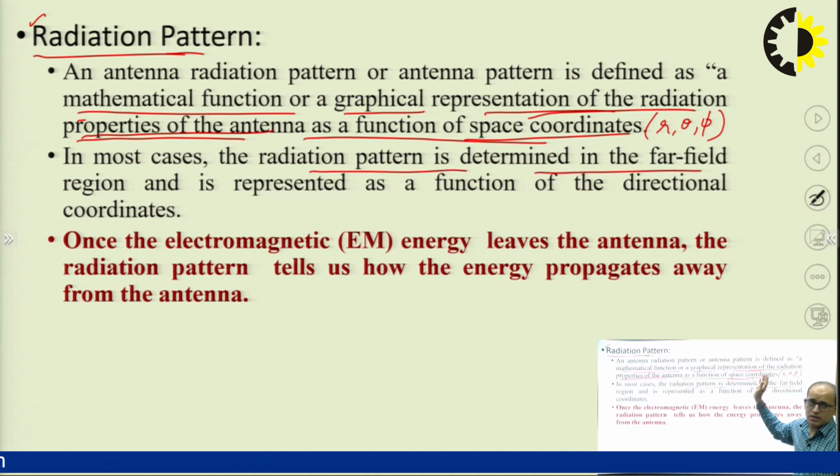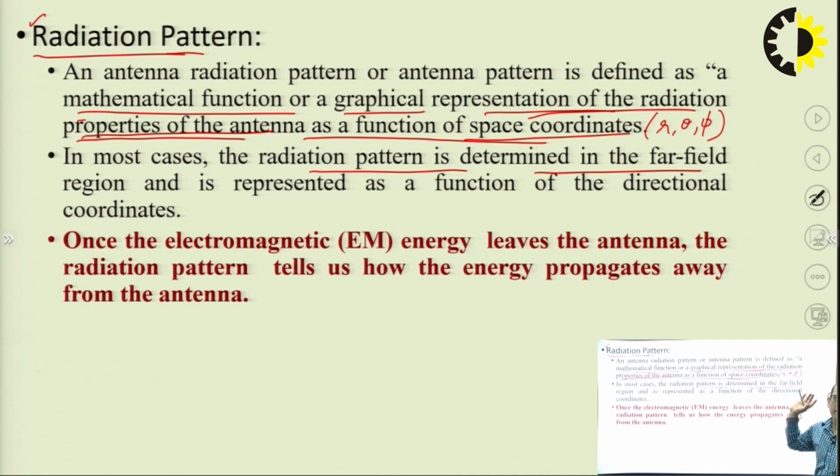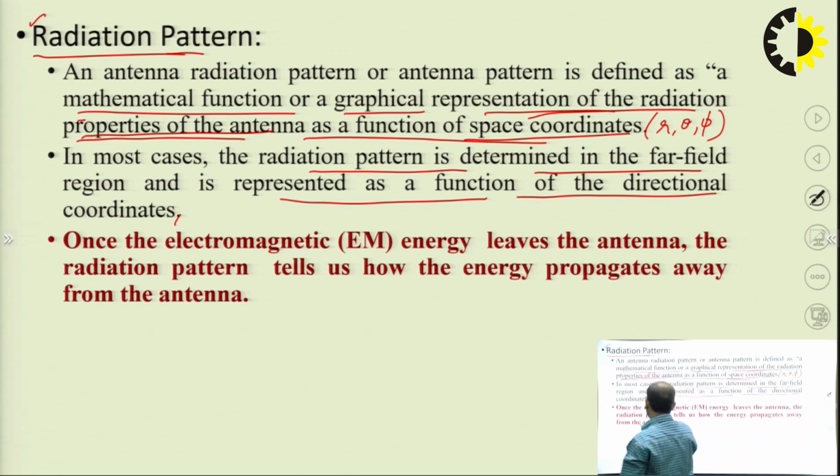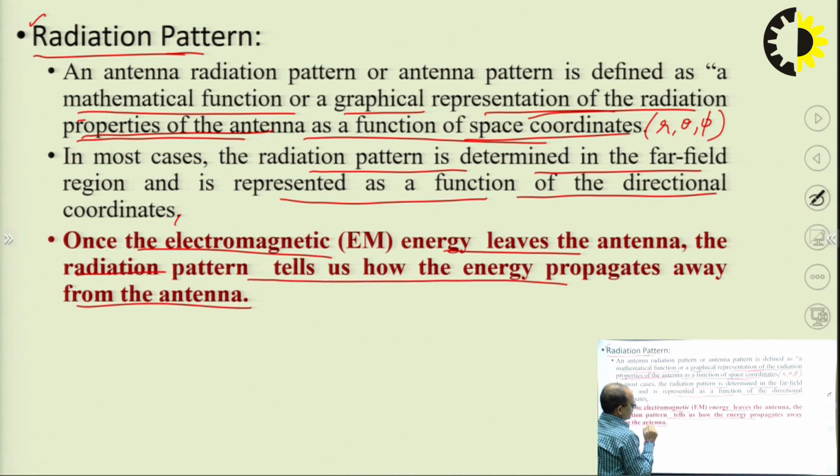We always determine the radiation pattern in the far field region, and it is represented as a function of the directional coordinate system. Or you can say that once the EM waves leave the antenna, the radiation pattern tells us how the energy propagates away from the antenna.